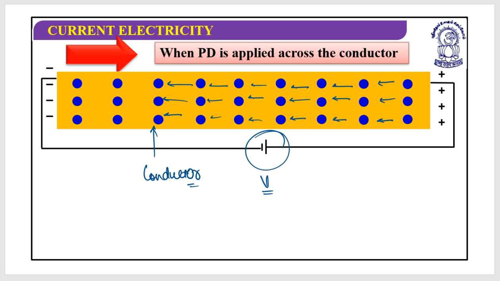Yes, so this is the direction, and if all the electrons are moving in the same direction, we understand that an electric current will be there.